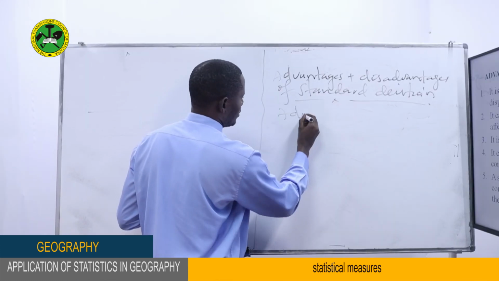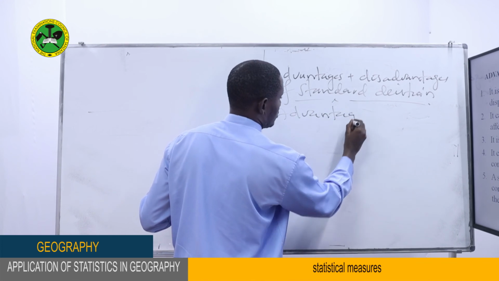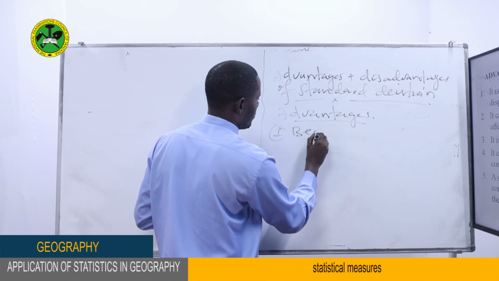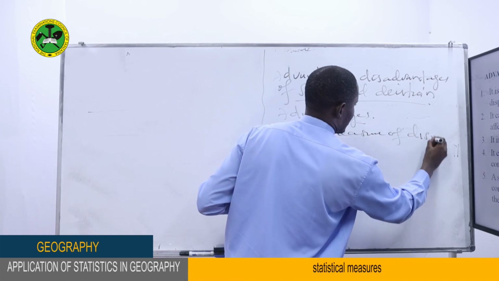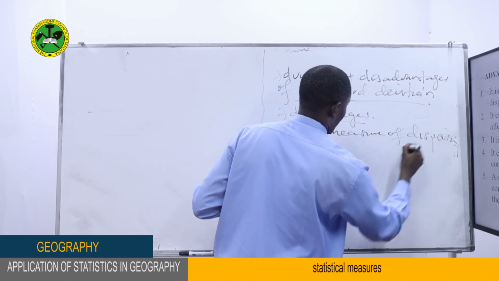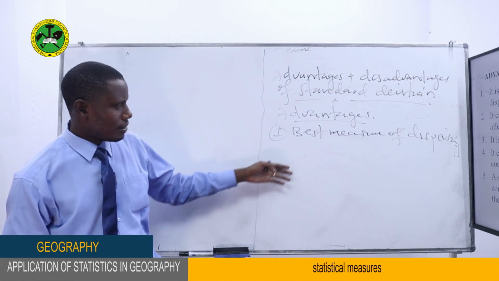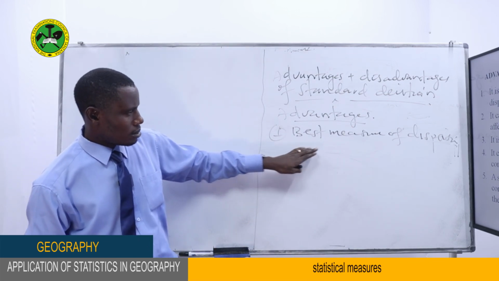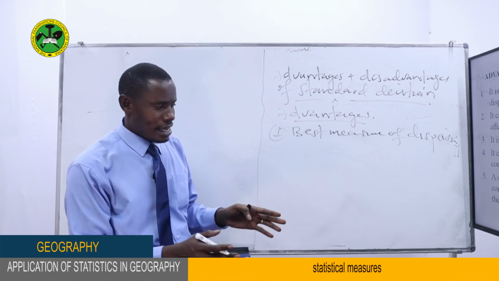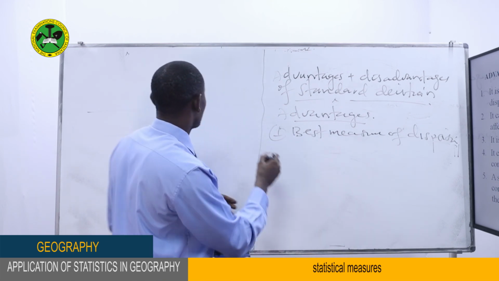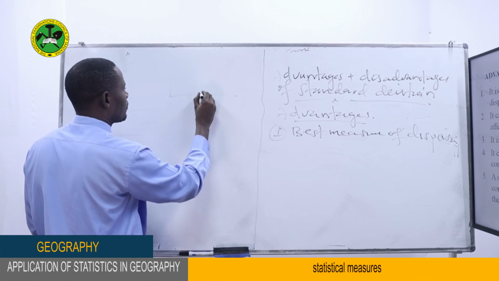On the aspect of advantages, they are saying it is the best measure of dispersion. Among all the measures of dispersion, including the mean deviation, the best one is the standard deviation. Why are we saying the best measure? Because it gives you a clear picture to what extent the data have deviated from the what?